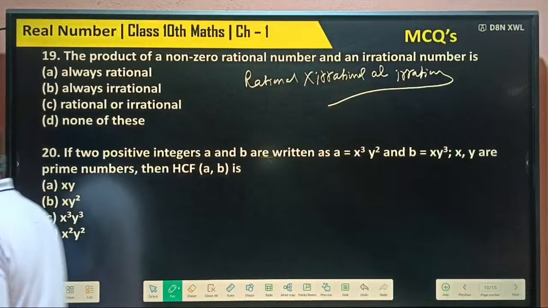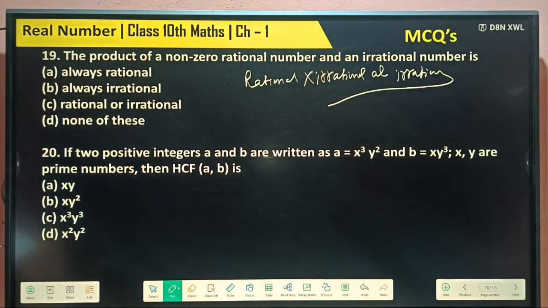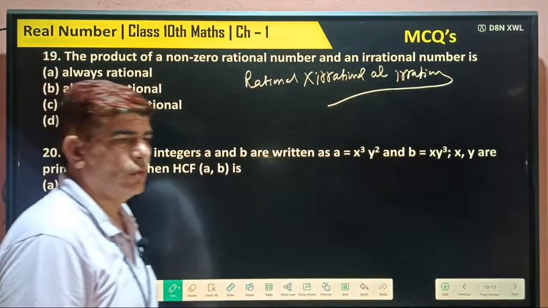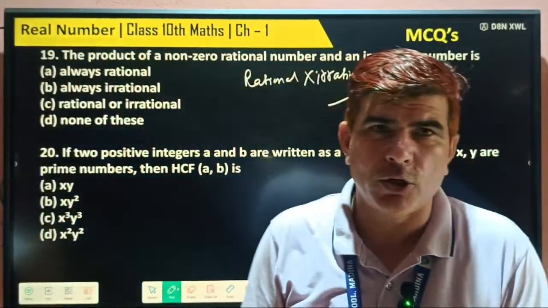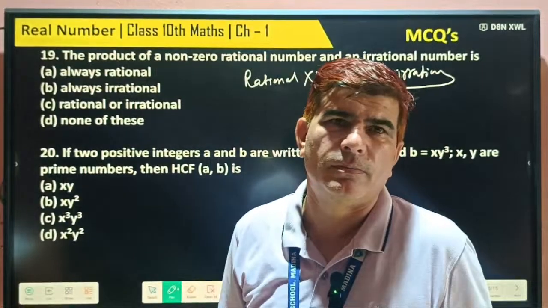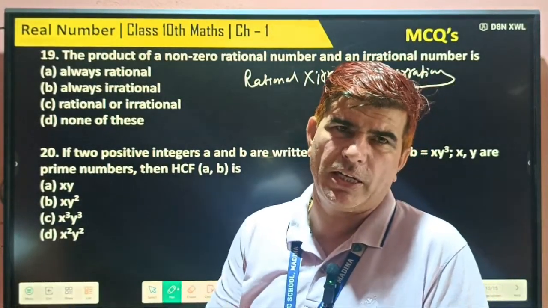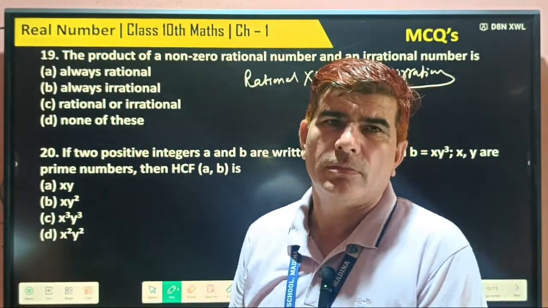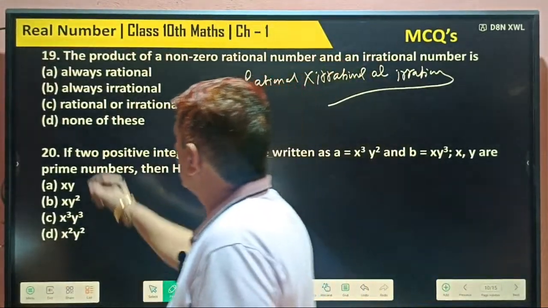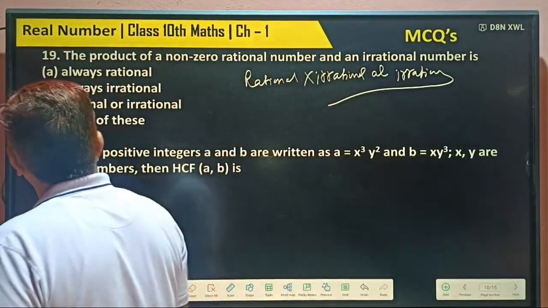Rational and irrational is always irrational. Which question is this? 19. So I told you, product of a rational into irrational is always irrational. Sum of rational plus irrational is always irrational. So what's your answer? Always irrational.